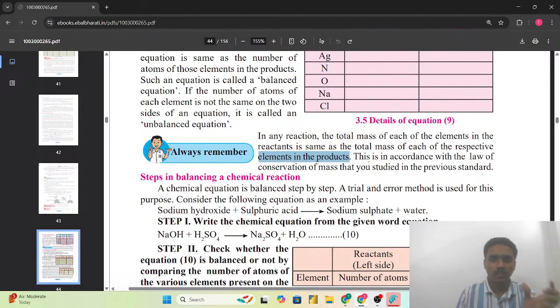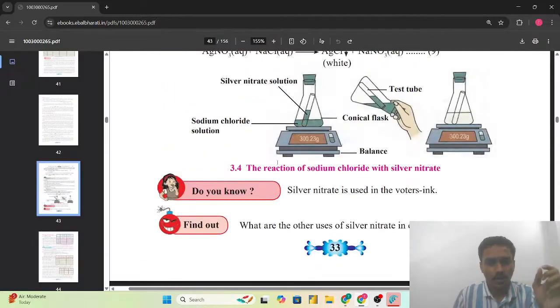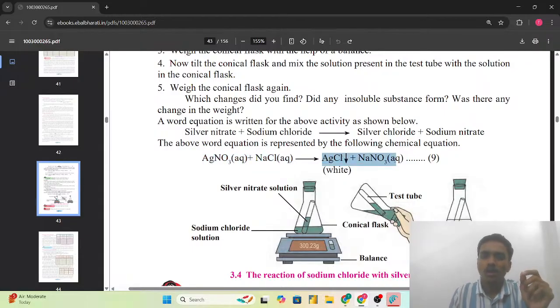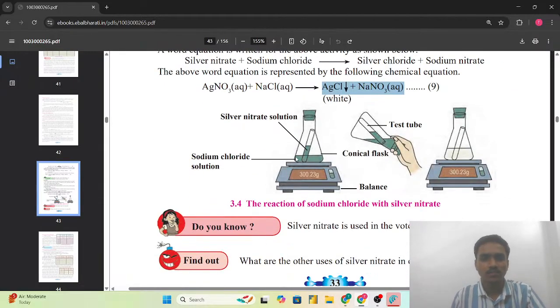So if we calculate the atomic mass of all the reactants which are taking part in the chemical reaction, and if we also calculate the atomic masses of the product side elements, then we can see that the atomic mass of reactants and the products are the same.